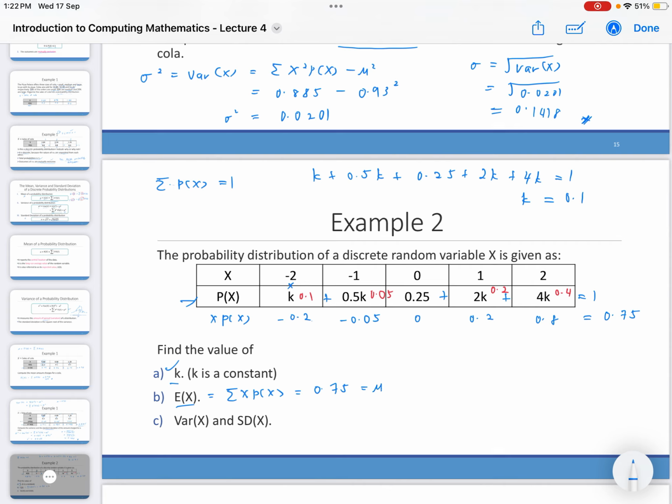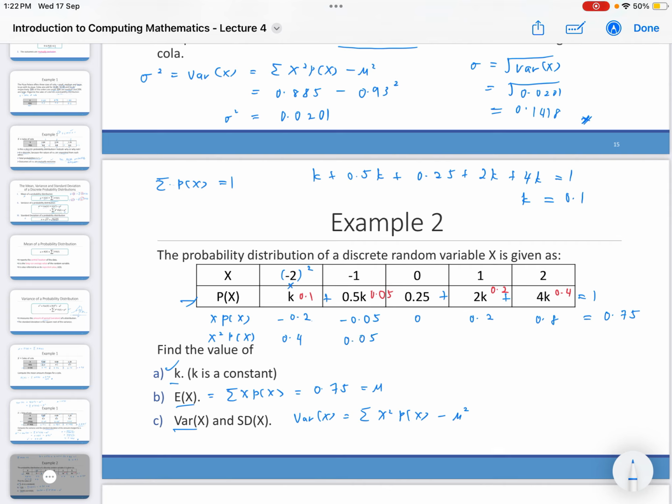Okay, now we want to calculate the variance. So the variance of x equals the sum of x squared times P of x minus the mean squared. Again, we add another row here for x squared times P of x. Remember this one is minus 2 squared times P of x. So here we get 0.4. I just give the values, so you guys can calculate this yourself later.